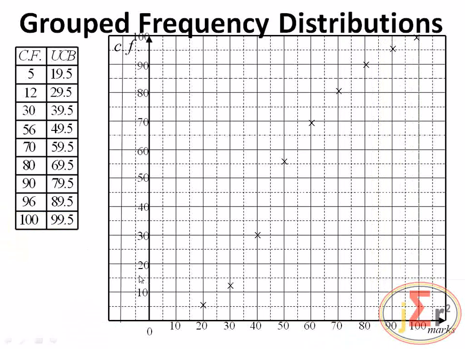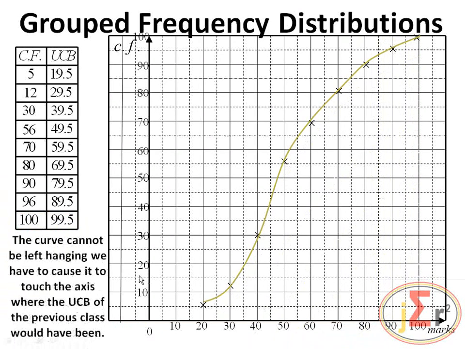Then we are going to attempt to draw our cumulative frequency curve. The curve cannot be left hanging. We'll have to cause it to touch the axis where the upper class boundary of the previous class would have been. So that is how we do it. We are going to cause the curve to touch the axis, but it is going to touch the axis where the upper class boundary of the previous class would have been.